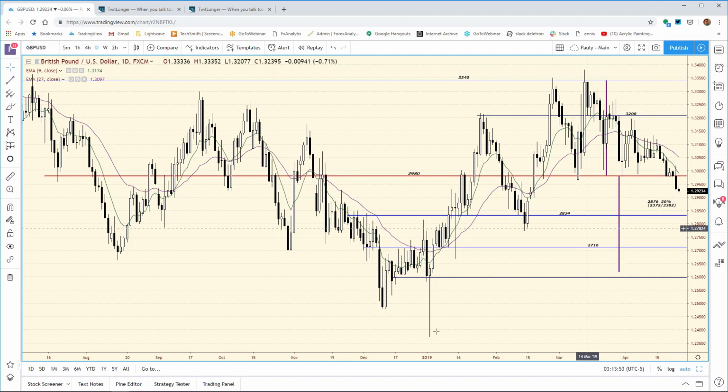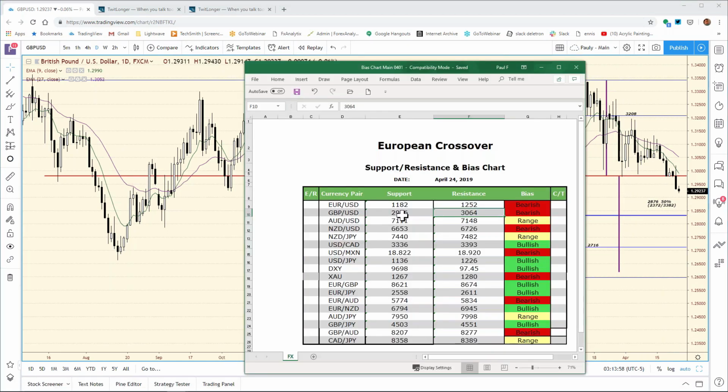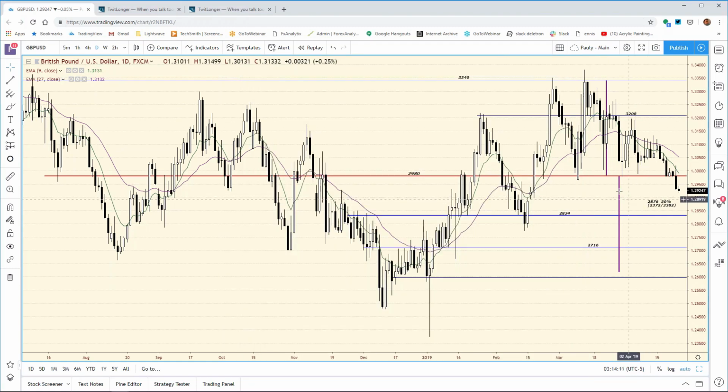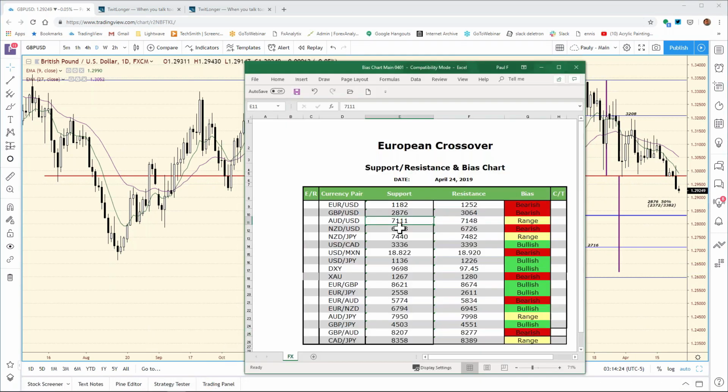That's 50% of the move. Resistance will be the pivot, 2980, which was support previously. Not then, but I'm saying over the last week.